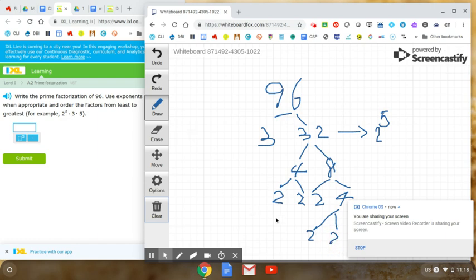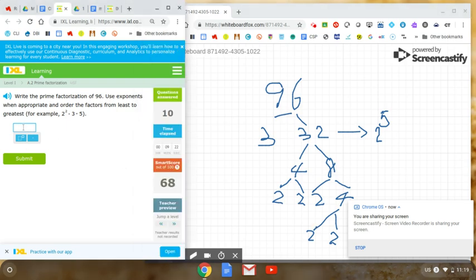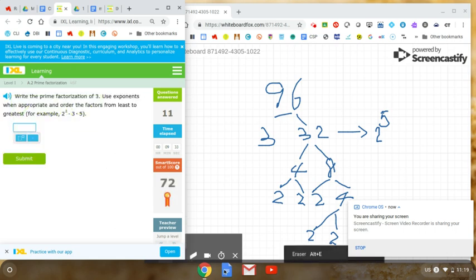So then if we count it, it's 1, 2, 3, 4, 1, 2, 3, 4, 5, right? So we're going to say 3 times 2 to the 5th power. Okay, now it's your turn to do it.